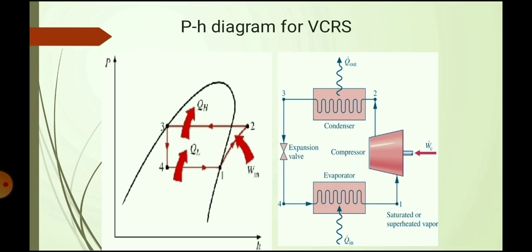Clear? Due to absorption of that heat, the refrigerant is converted from liquid to vapor, and during this process there will be the production of refrigeration effect. That means the refrigeration effect is produced during process 4-1.